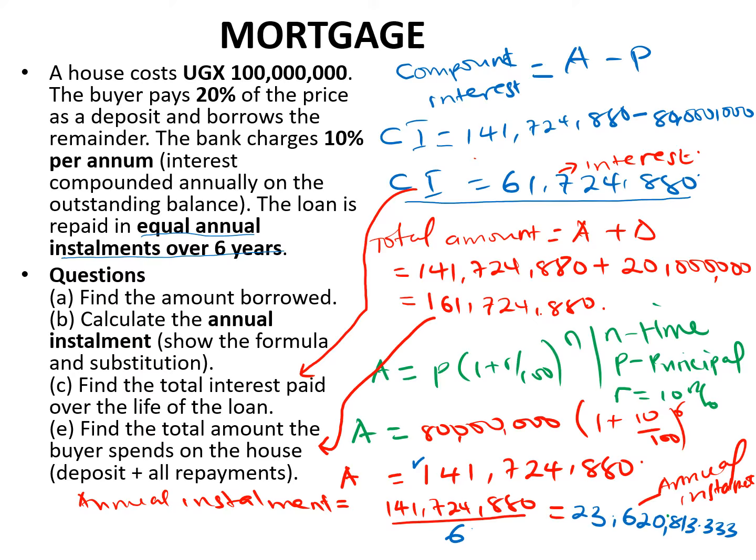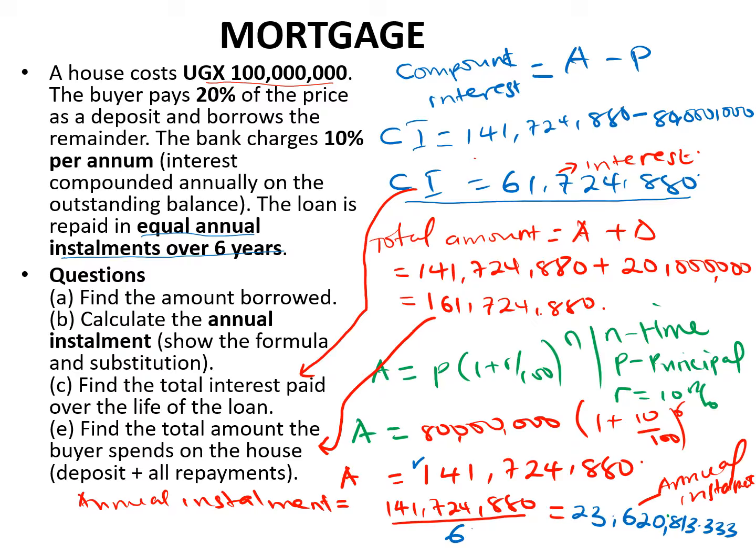And here the rate is 10% per annum. So you have to make sure that the interest is different at all intervals. And for this case, it's better to use the formula A is equal to P into (1 plus R over 100) power n, whereby P is the principal. No longer this 100 millions, but P stands for the amount taken as a loan, and that is 80 millions, into (1 plus R over 100) power n.